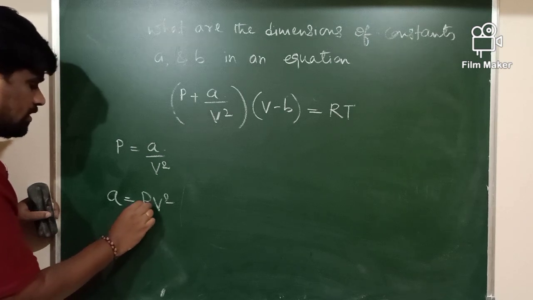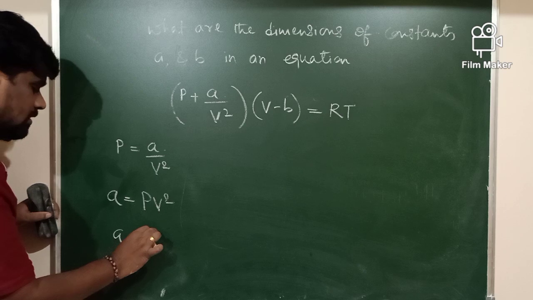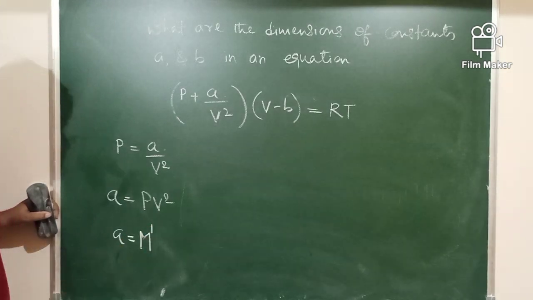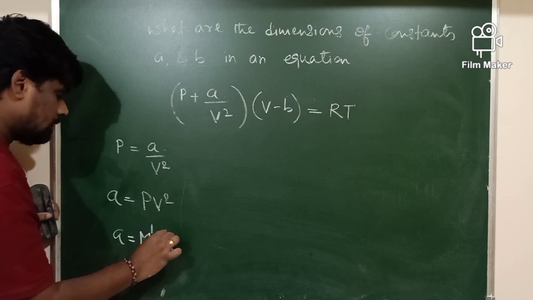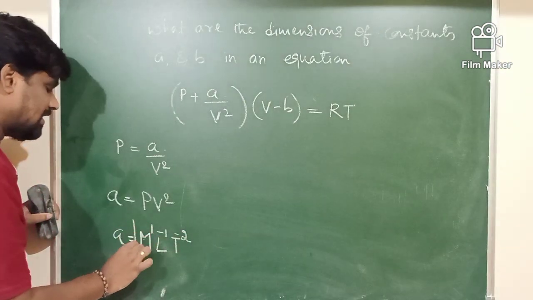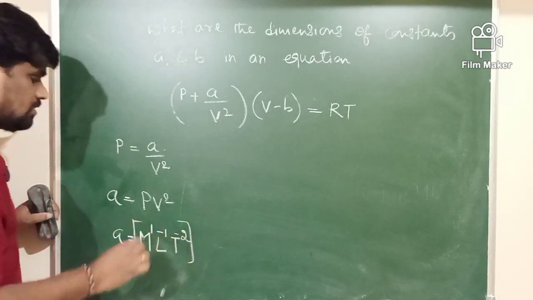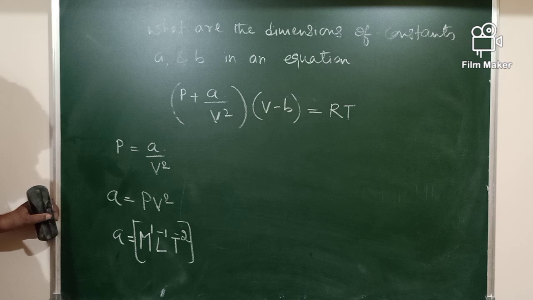Then what is P? Pressure. The dimensional formula of pressure is force by area: M to the power 1, L to the power minus 1, T to the power minus 2. This is the dimensional formula for pressure. Volume is L cube. The dimensional formula of volume is L cube.